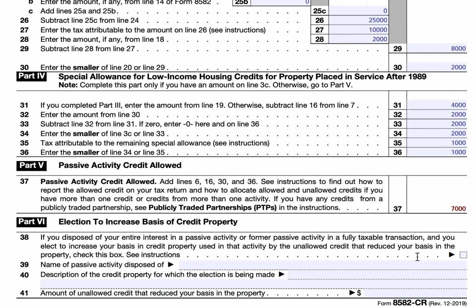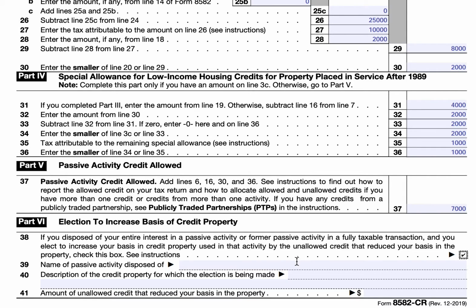Now, if you disposed of your entire interest in a passive activity or a former passive activity, and the transaction was fully taxable, you can elect to increase your basis in credit property that was used in that activity by any unallowed credits. So if your basis was lower because you had a credit that you weren't able to apply, you can carry that credit over to a passive activity that you currently own.